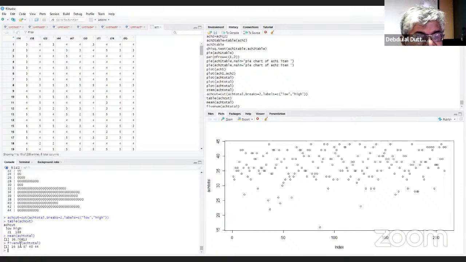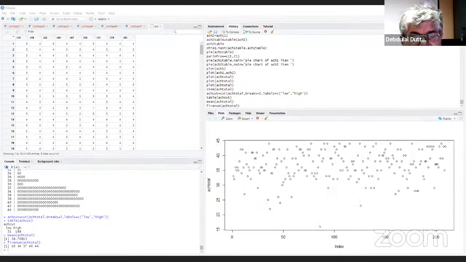And this is the maximum, this is the minimum. Very good. That's the standard score.